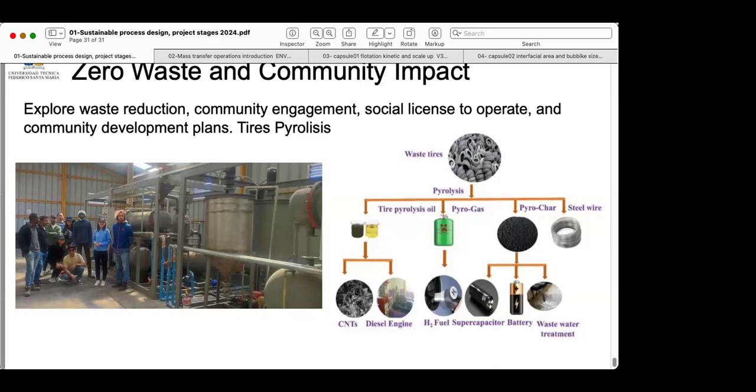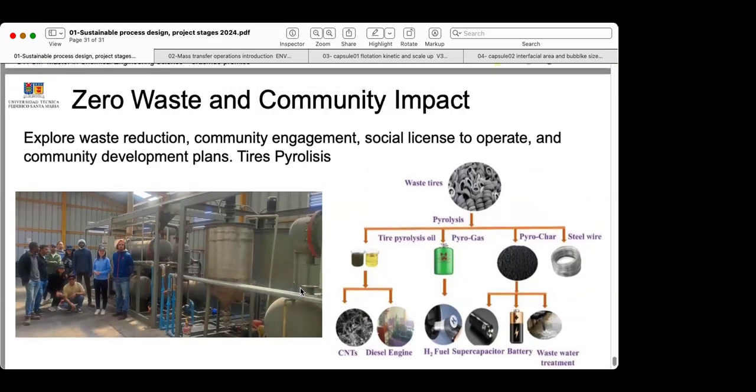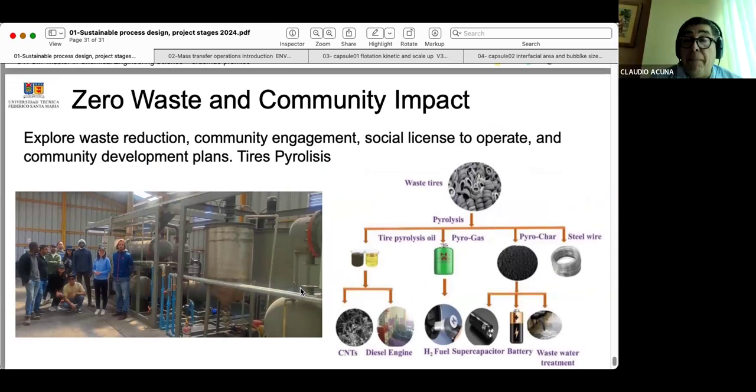Oh, okay. No comments, but just in the case of the tire, does it mean that 100% of the recovery is achieved from the waste of the tire? Not really, because you also generate some hydrogen and CO2 that is discharged. But of course, you can have a design where you use the hydrogen and you capture the CO2.